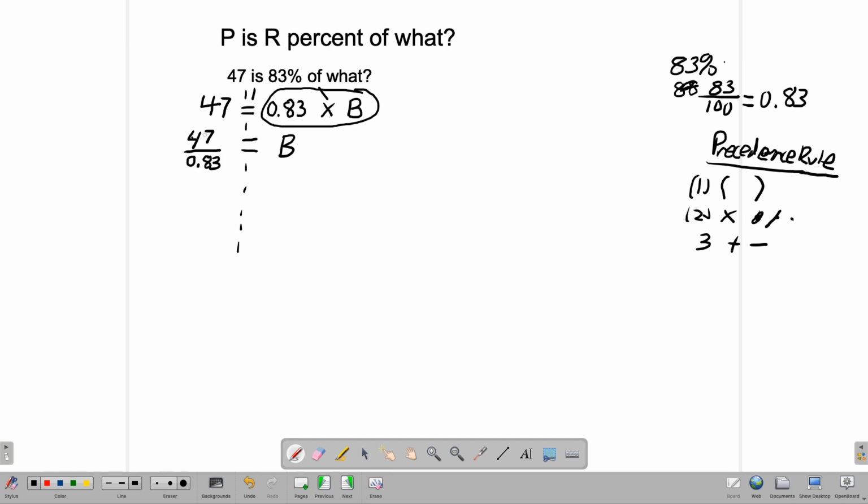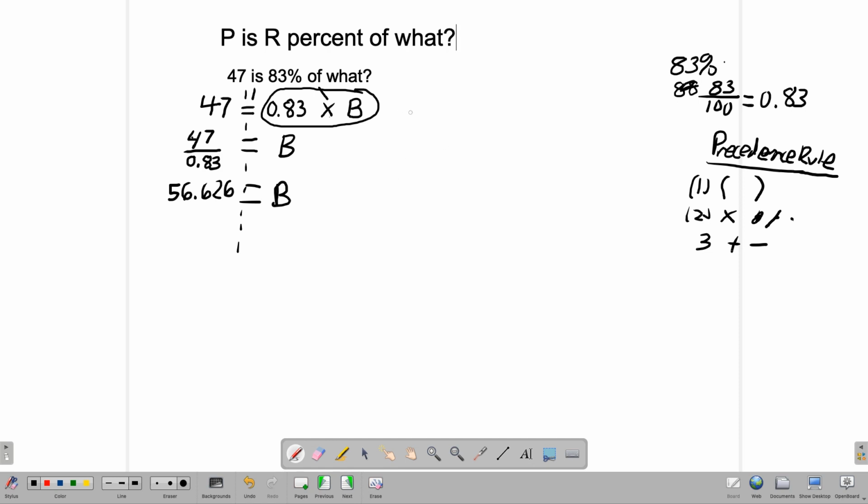So we compute 47 and divide by 83, and it's going to produce a value of 56.626. And so we said here that this is what b represents. So let's test out the problem.